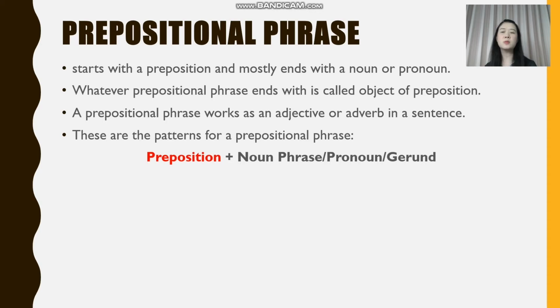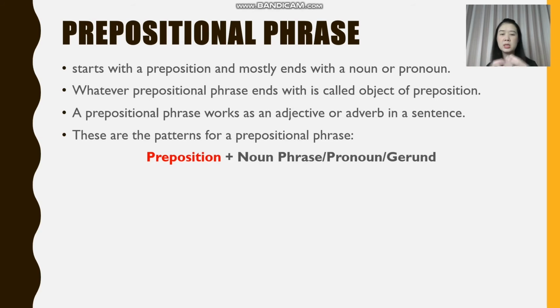But if it is the prepositional phrase, it's impossible to be at the rightmost of the phrase. Because if you are using the prepositional phrase, that should be at the beginning of the phrase. And we still use the preposition with the noun phrase, pronoun, or gerund.